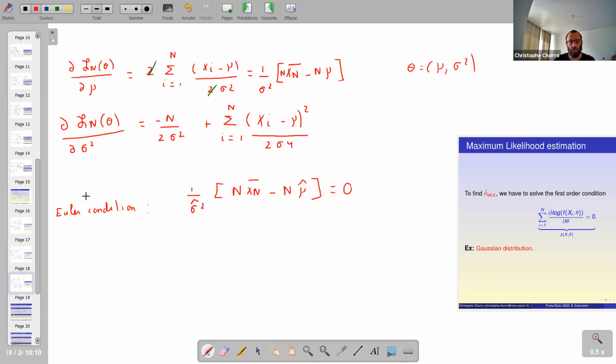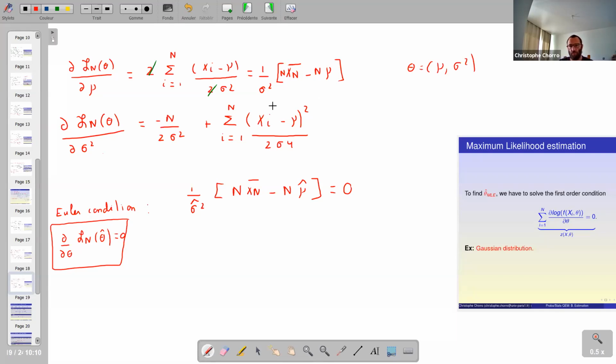Because the first order condition is just, I can write it this way, d over d theta of ln of theta hat is equal to 0. This is my first order condition, expressed this way here. It's the one that fulfills this one.